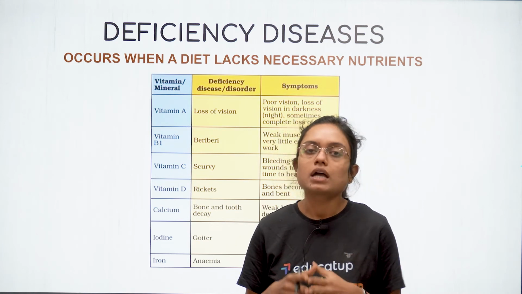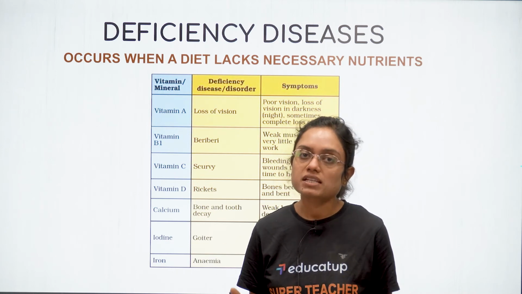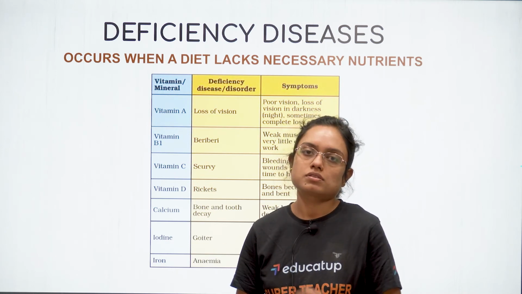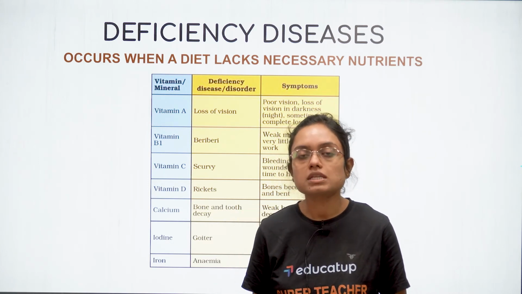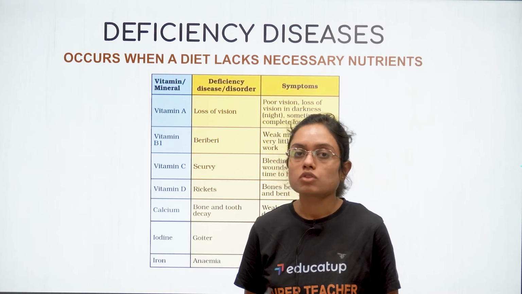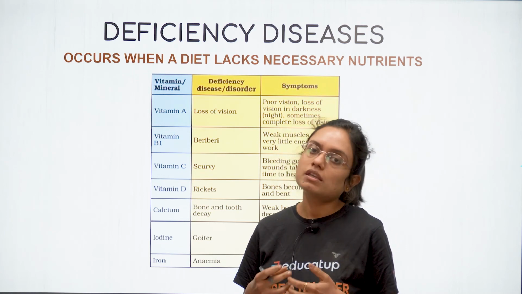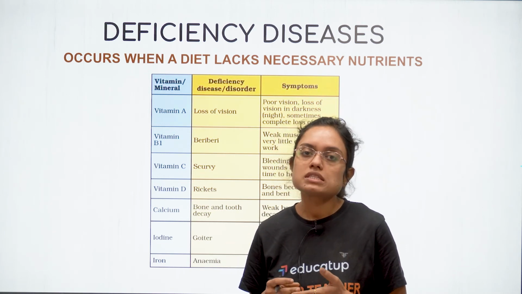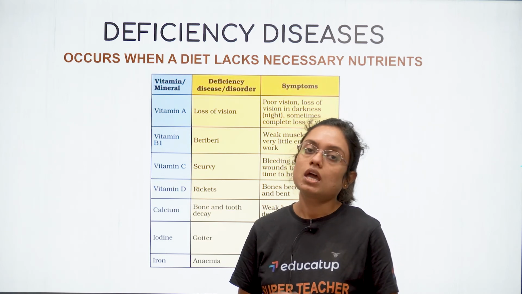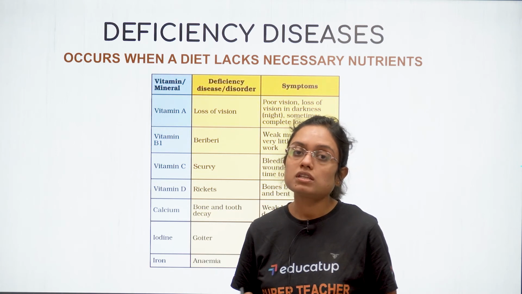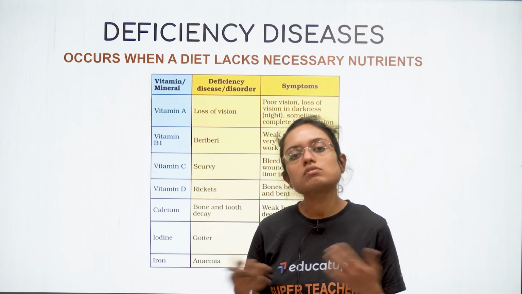For example, if you are eating only a diet which has carbohydrates, proteins, fats, but there are no vitamins and minerals, you will suffer from deficiency diseases, because you will develop a deficiency of many vitamins and many minerals. So when the body lacks many vitamins and minerals, then we suffer from these deficiency diseases. Now these deficiency diseases can be many, like deficiency of vitamin D leads to rickets, deficiency of vitamin C leads to scurvy, deficiency of iron leads to anemia, deficiency of iodine leads to goiter. So there are many.